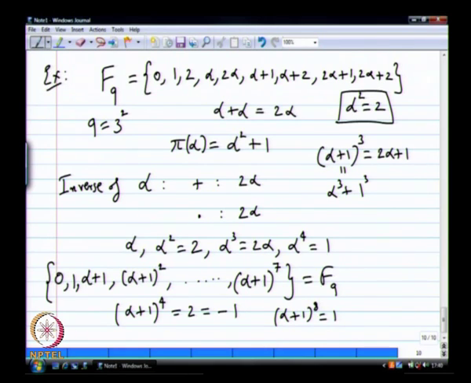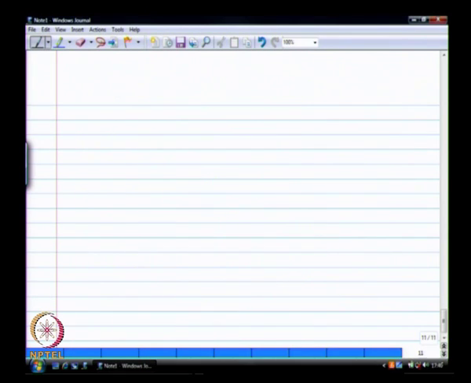As it turns out, instead of alpha squared plus 1, if you pick pi of alpha to be alpha squared plus alpha plus 2, for instance, is this a valid irreducible polynomial? It is a valid irreducible polynomial, there is no problem there.